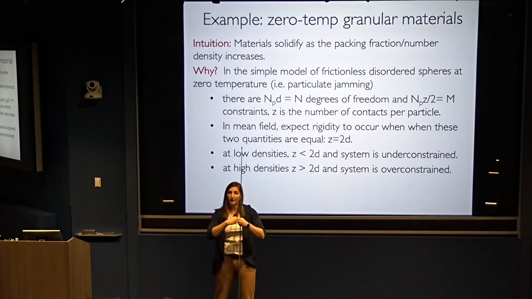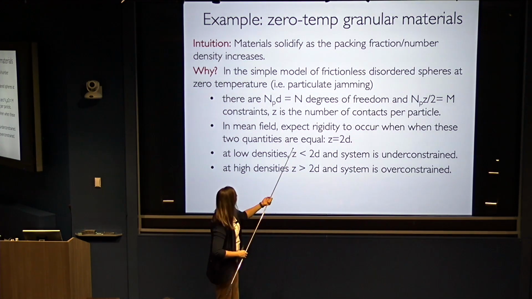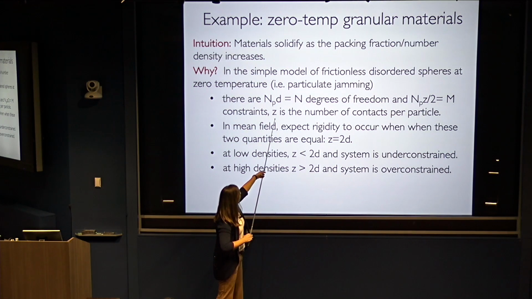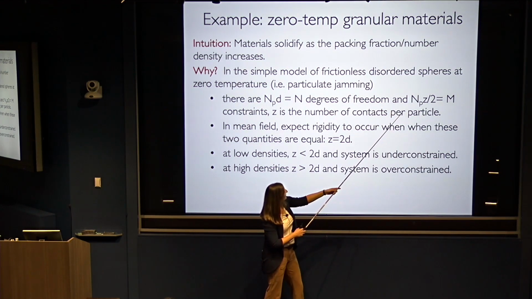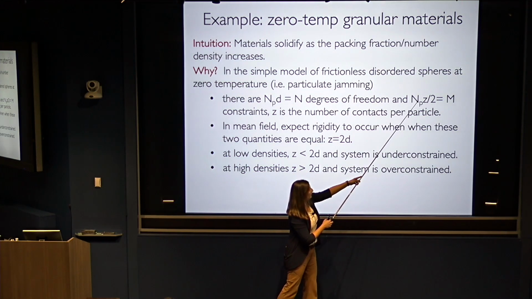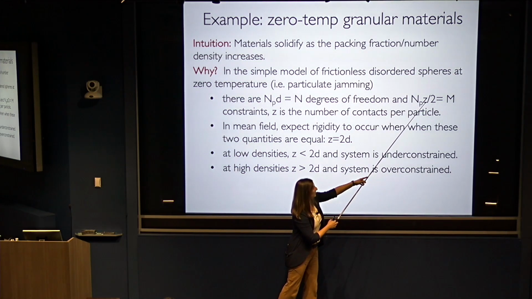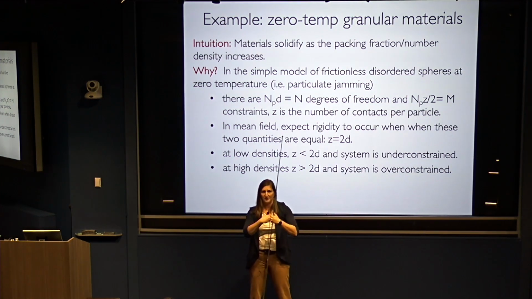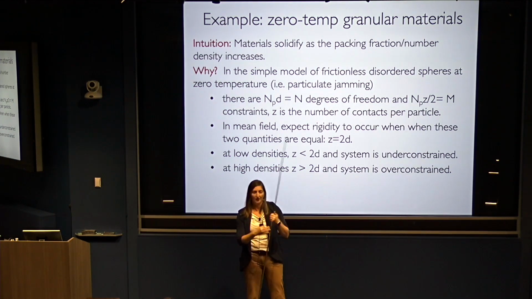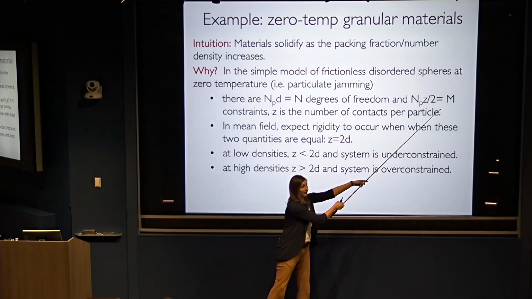So if I count the number of neighbors that each particle has, so if Z is the number of contacts per particle, then the number of constraints is the number of particles times the number of constraints per particle, but I should divide by 2 because each one of those bonds is shared by 2 particles, right? So this is the number of constraints.